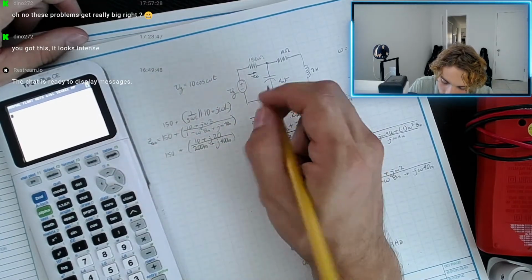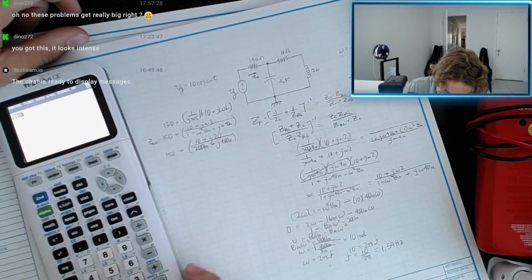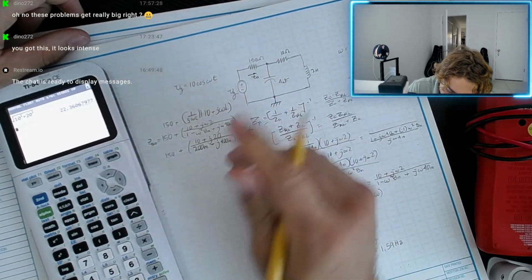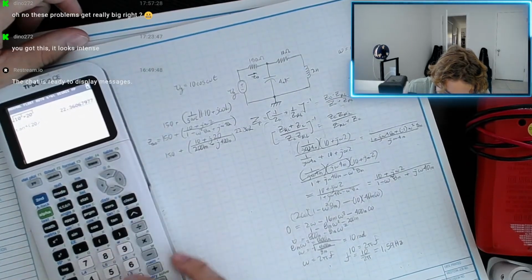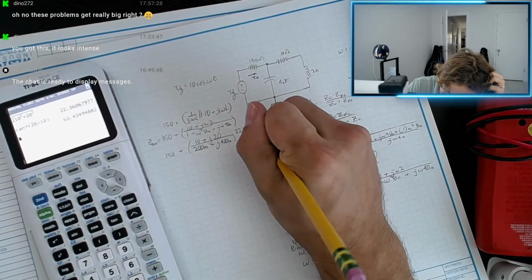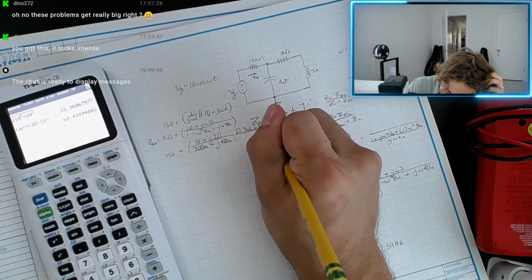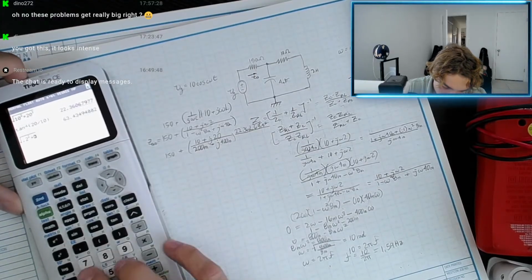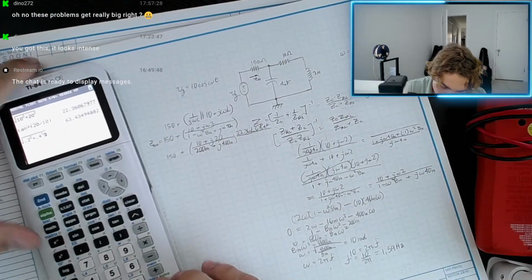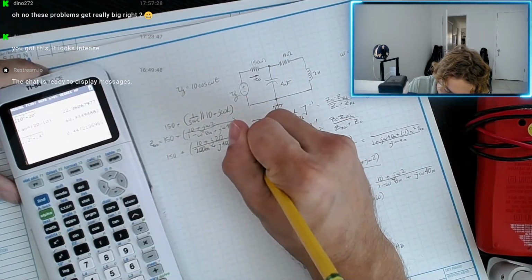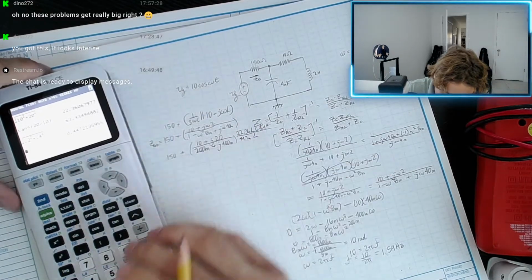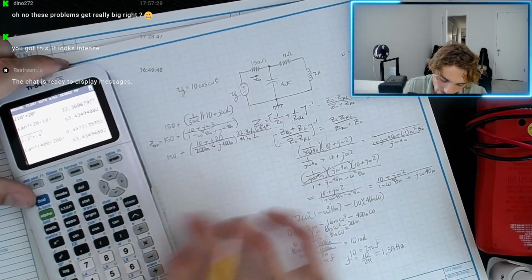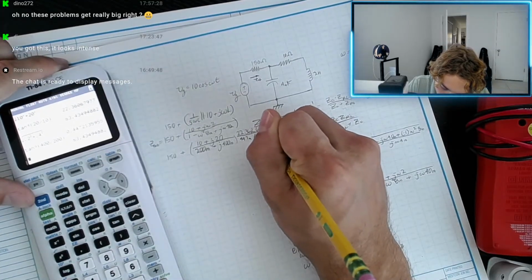150 plus. So we convert these into phasor form. That looks like the square root of 10 squared plus 20 squared, which is 22.36, with phase inverse tangent of 20 divided by 10, 63.4 degrees, divided by the square root of 0.2 squared plus 0.4 squared, 447 milli, angle inverse tangent of 400 divided by 200, 63.43.